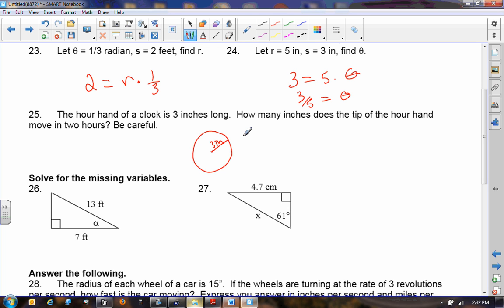So here's 1 hour, here's 2 hours. How much of the circle is 2 hours? Well, in a circle, there's how many hours? There are 12 hours on a clock. So 360, divide that by 12. Each hour marks out 30 degrees.